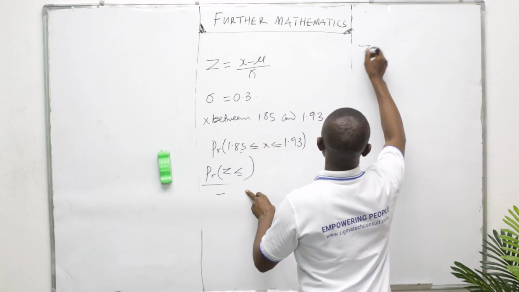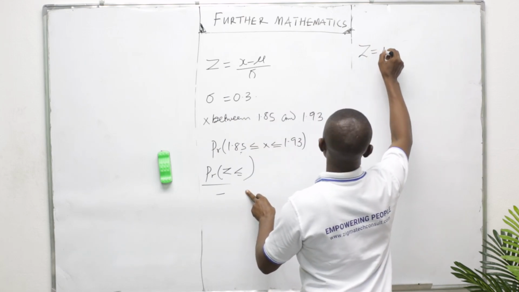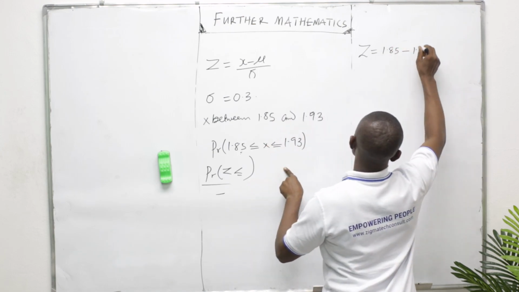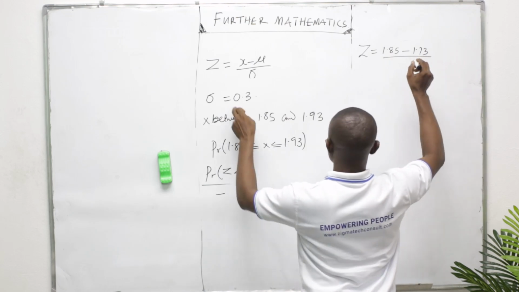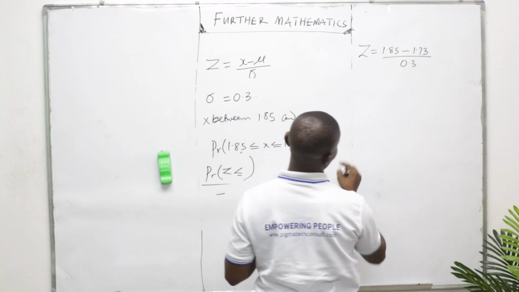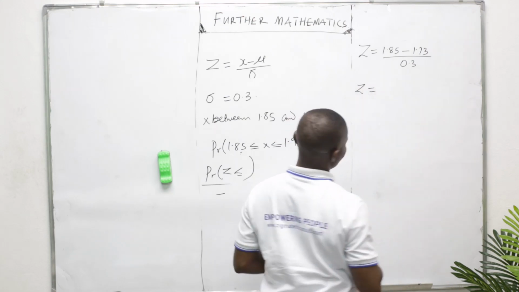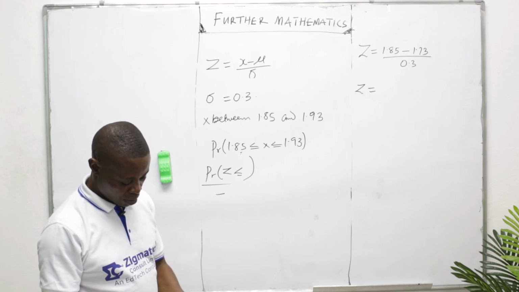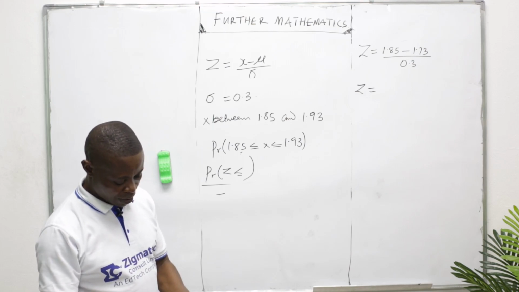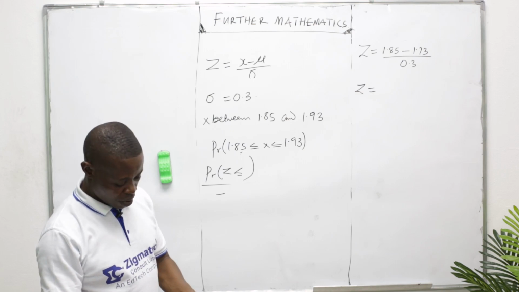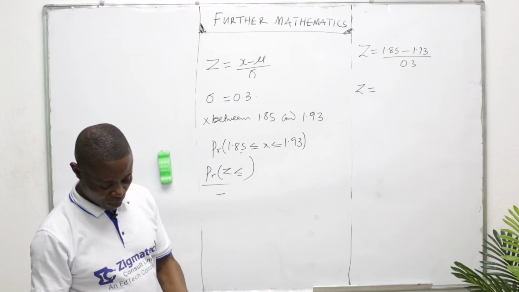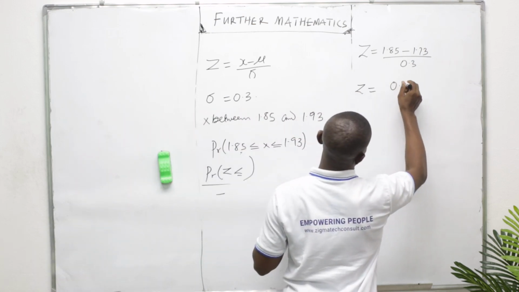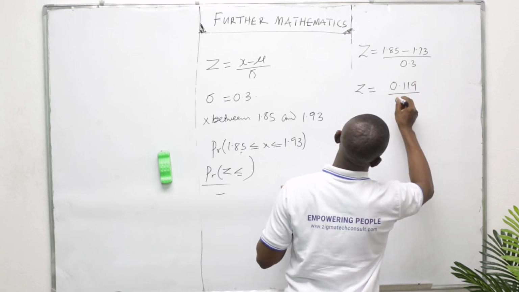Then, first Z equals 1.85 minus the mean 1.73 all over, we have changed the standard deviation, remember. So Z for here is going to be 1.85 minus 1.73 equals 0.119, 0.119 all over 0.3.